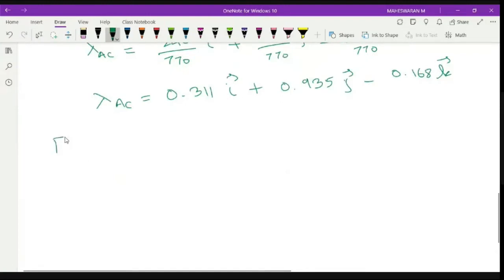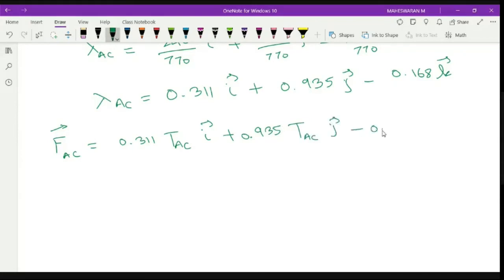Now I can identify my force AC. I am multiplying with TAC, which means 0.311 TAC i vector plus 0.935 TAC j vector minus 0.168 TAC k vector. Right? Let me consider this as equation 2.